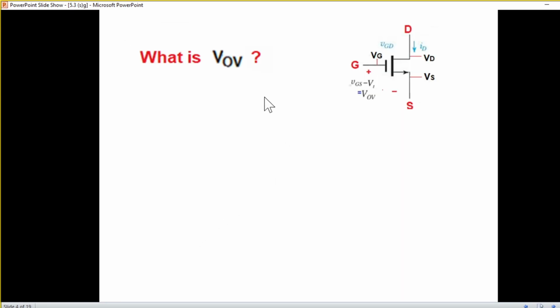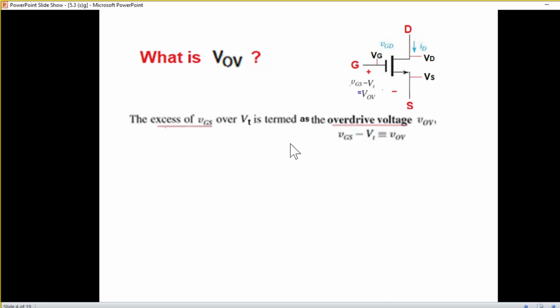A term which you will come across is VOV. This is called the overdrive voltage. And this may be very confusing. At least I got confused several times. So what I have done is I have related it with a picture so I can remember it easily.